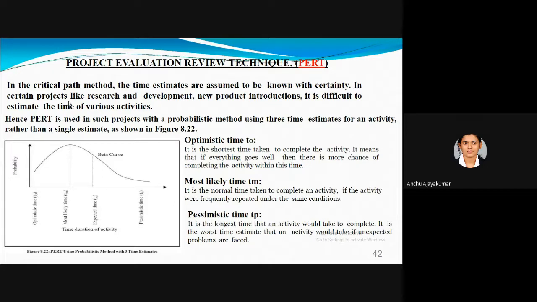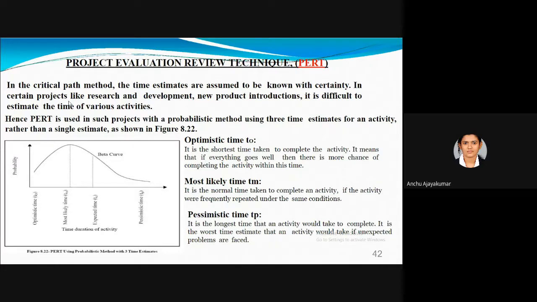Optimistic time is nothing but the most favorable situation for an activity to occur. Like, one of your tasks is to write your assignment. You can write your assignment within 10 minutes if all the situations are favorable to you.